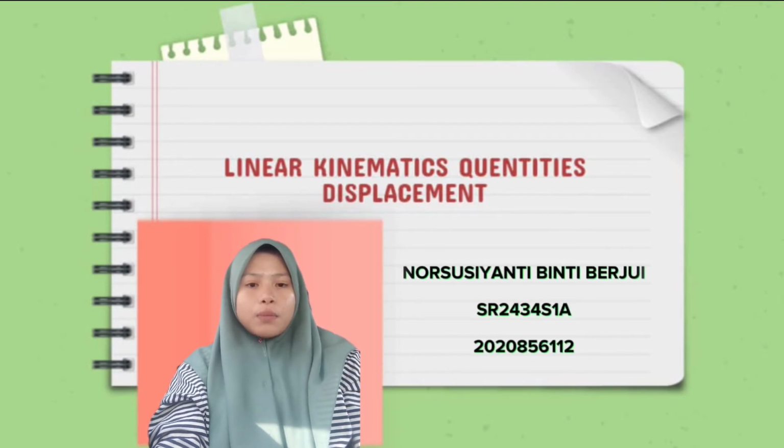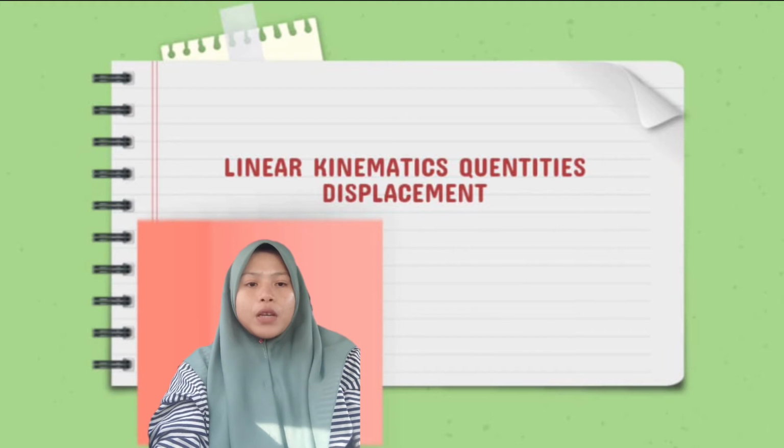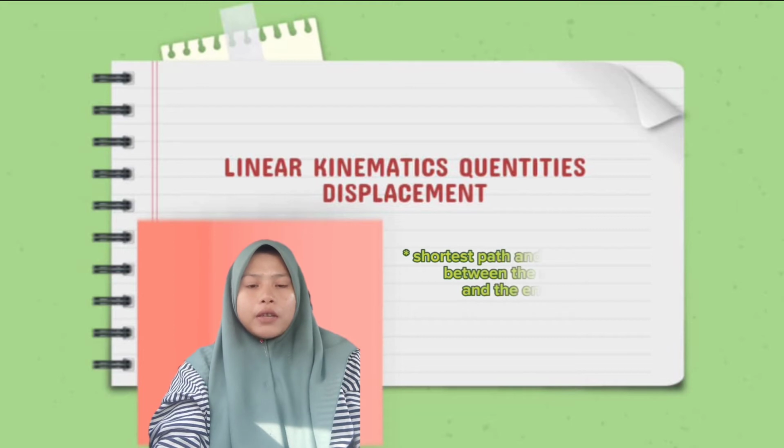For today, I want to present about displacement in the topic of linear kinematic quantities. Displacement can be defined as the shortest path, a straight line that joins the start point and the end point.